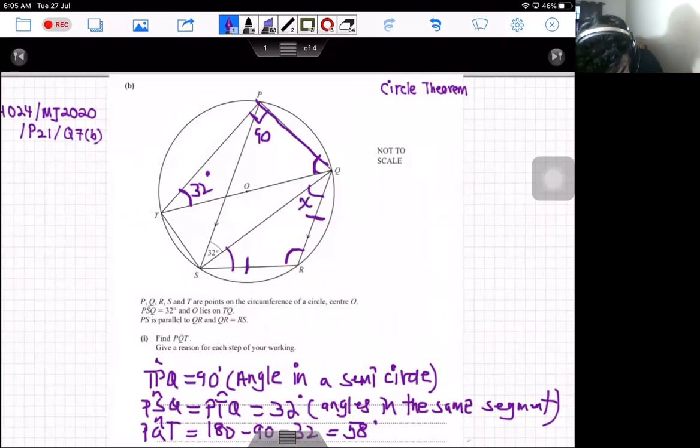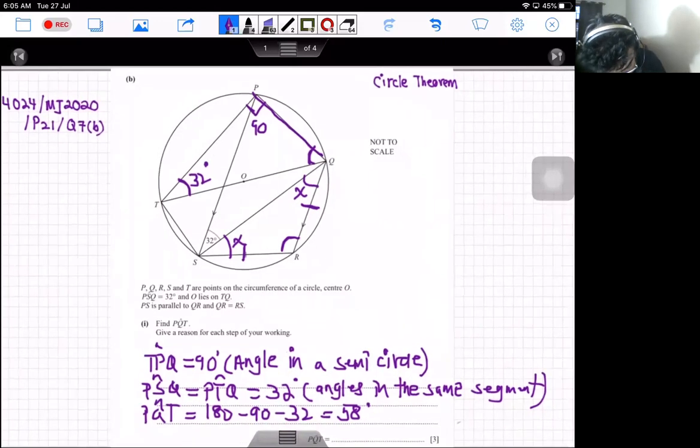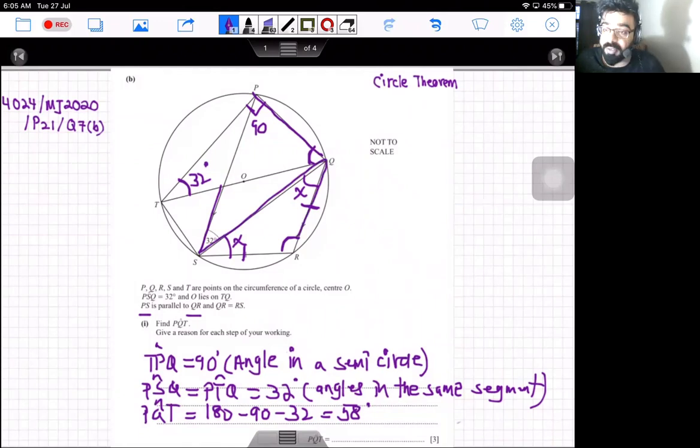Let's say if this angle is X, this angle is also X. Now, according to the information given, PS is parallel to QR. So a Z shape is formed over here, and here you have the property of alternate angles. Alternate angles are supposed to be equal.